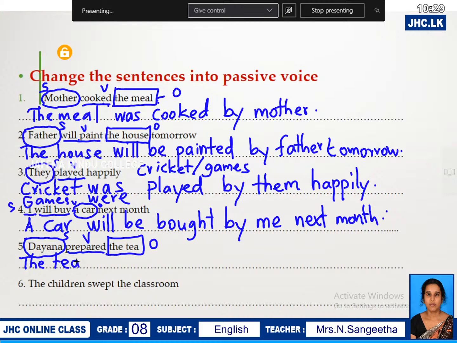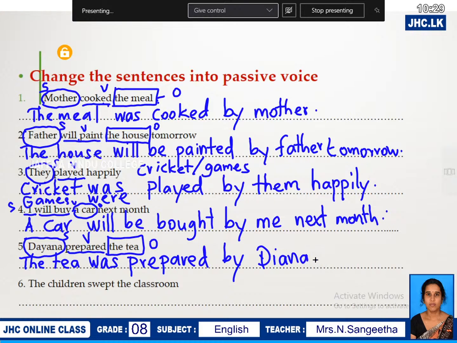Simple past, singular, so was. Past participle, this is a regular verb, so the past participle is also the same. Prepared by Diana.